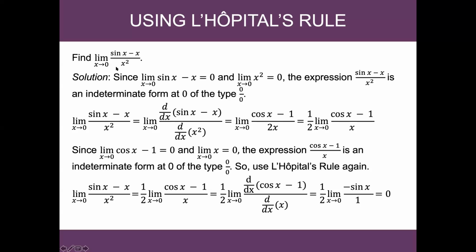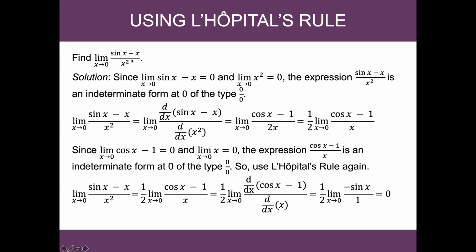First, if we're trying to take the limit of this function, we plug in the zeros and see what we end up with. You plug in 0 to the numerator: sine of x is 0, and x is 0, so we have 0 on top.